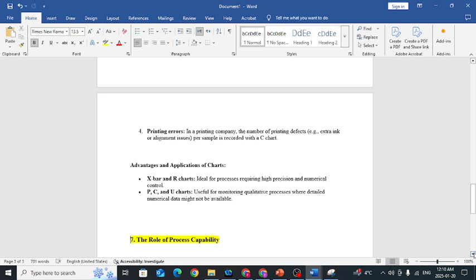But if you want to monitor a qualitative process where detailed numerical data might not be available, you should use the P, C, and U charts, and they are very useful for monitoring actually.